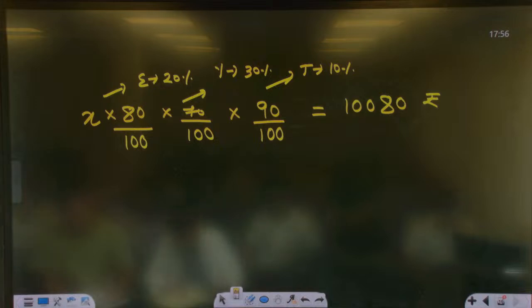Done? Calculation. What is the answer? 20. Good.